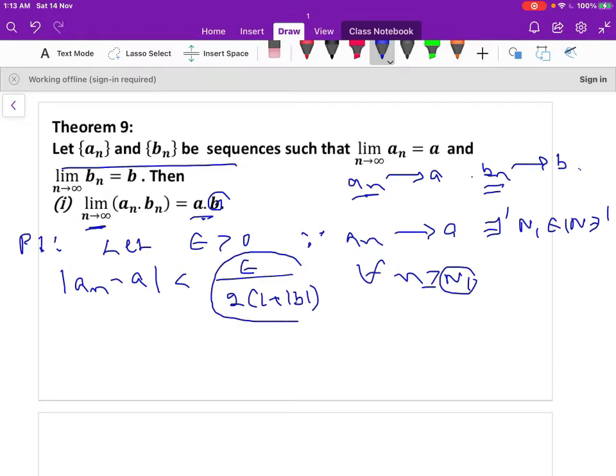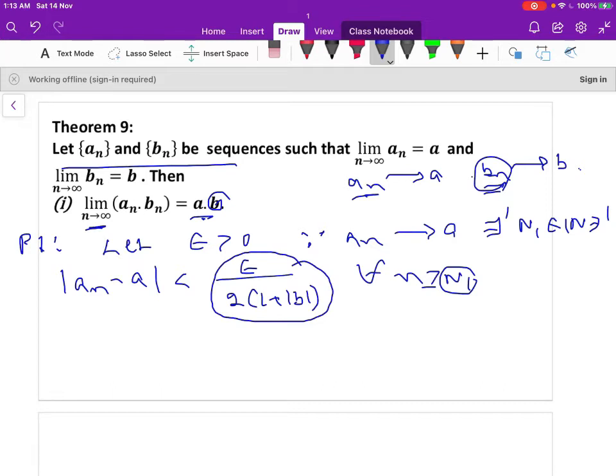So this n1 depends on epsilon by 2 times (1 plus modulus of B), where B is the limit of the sequence b_n.